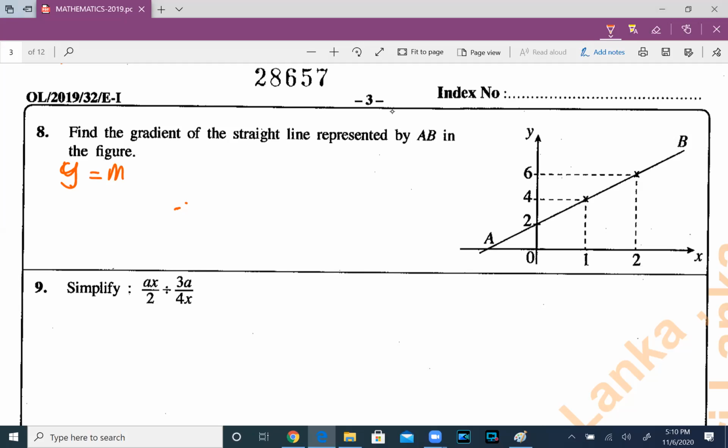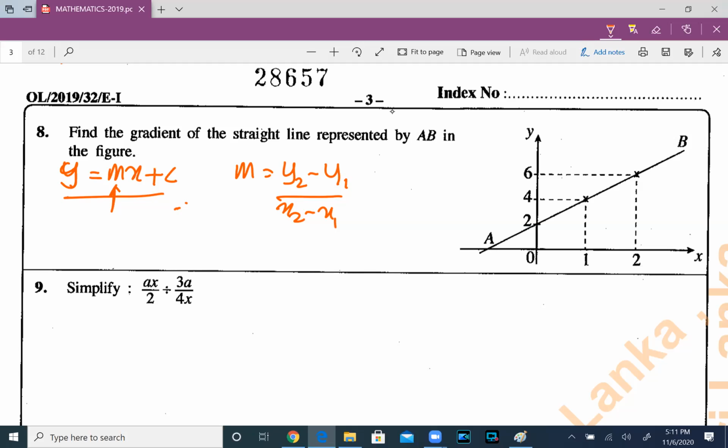So y equals mx plus c is the equation of a straight line. Here they are telling you to find the gradient, this m. So finding the gradient, m is equal to y2 minus y1 over x2 minus x1.